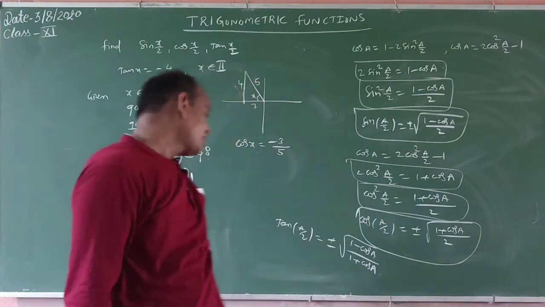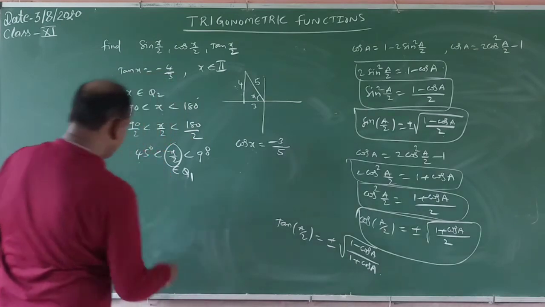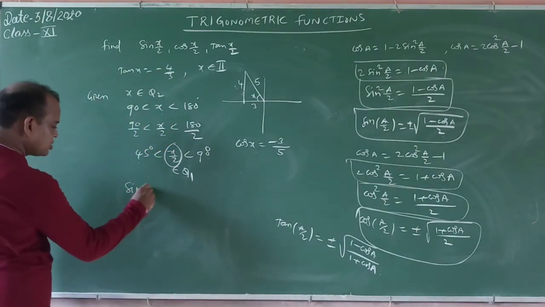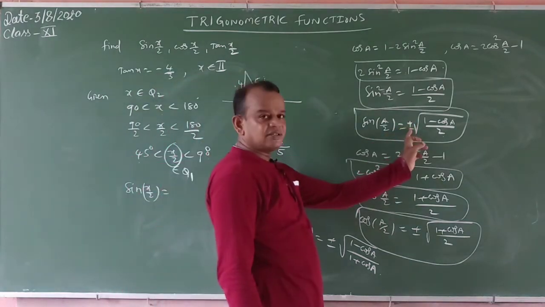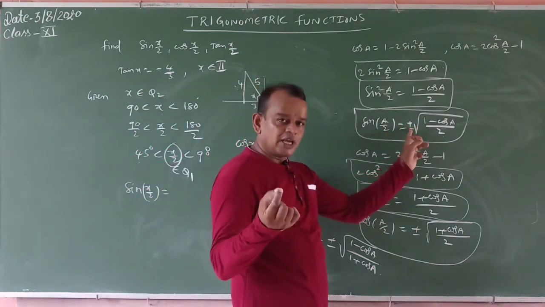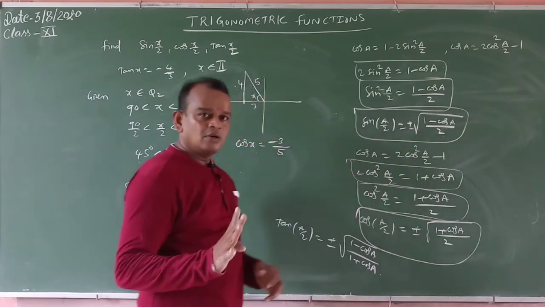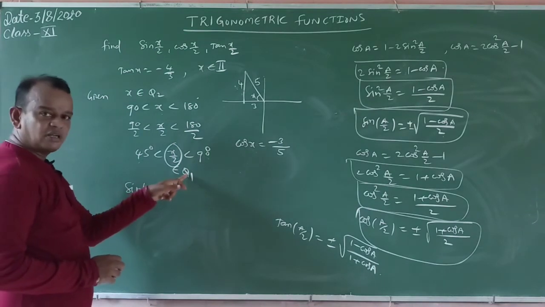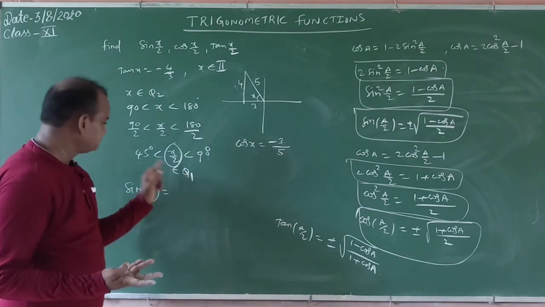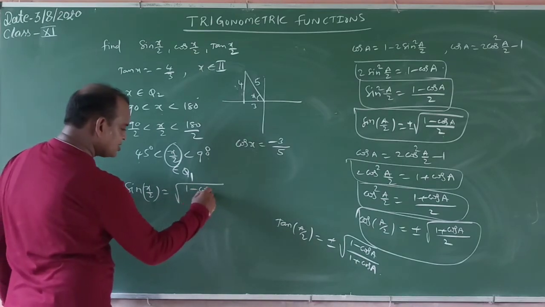Understood? Okay, now we will find sin x by 2. The formula of sin x by 2 is plus or minus, but I will take only plus. Why plus? Because x by 2 belongs to the first quadrant. Now root over (1 minus cos x) by 2.